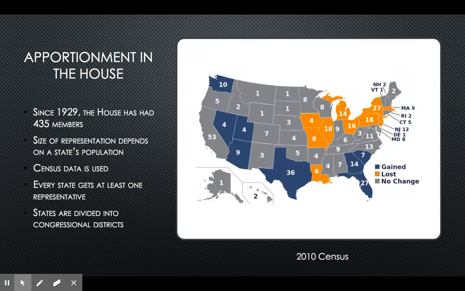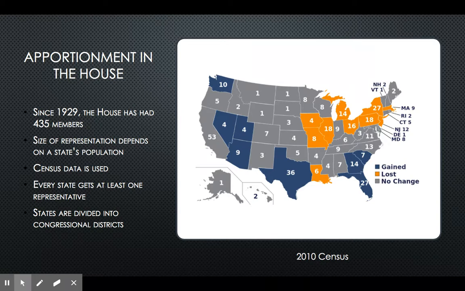So let's first talk about apportionment, and that is going to determine how those 435 representatives within the House of Representatives are going to be divided among the states. Since 1929, the House of Representatives has had 435 members. The size of a state's representation is going to depend on a state's population.